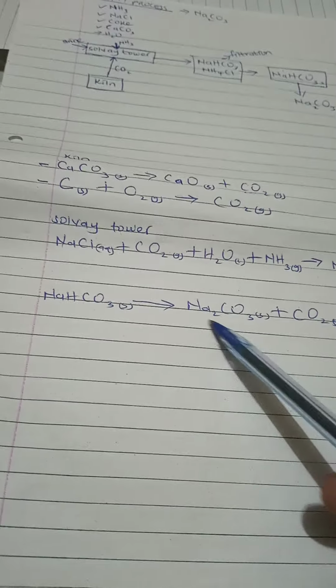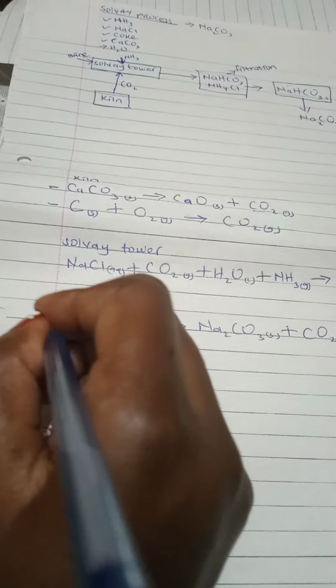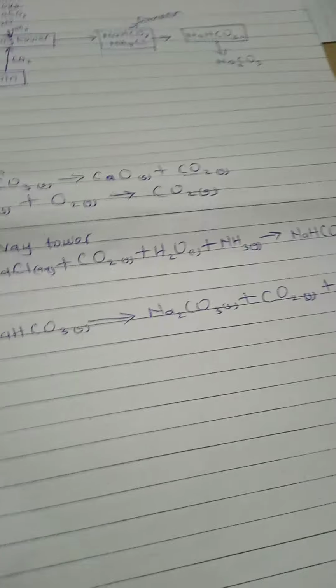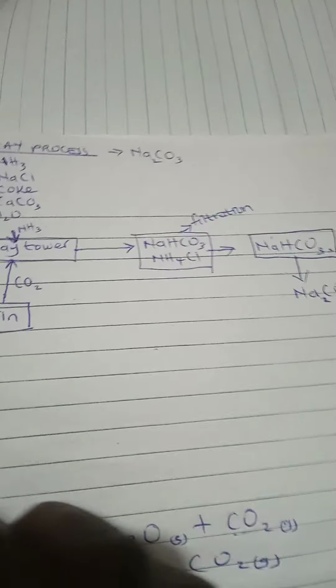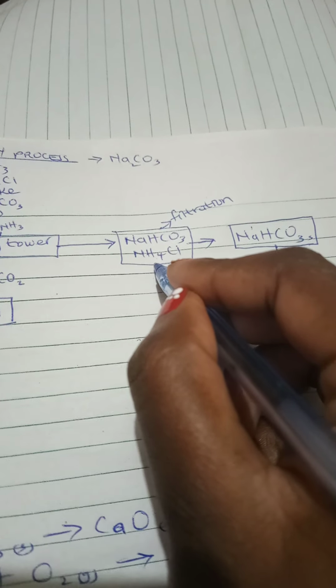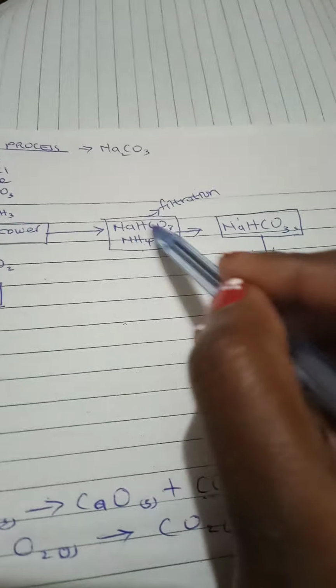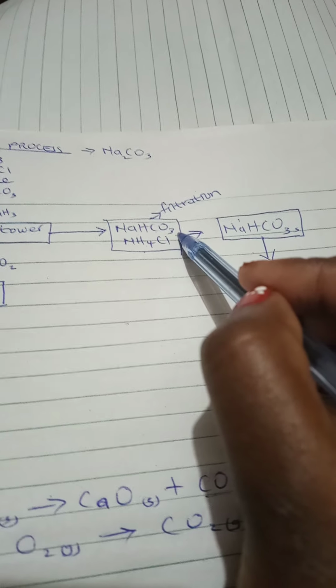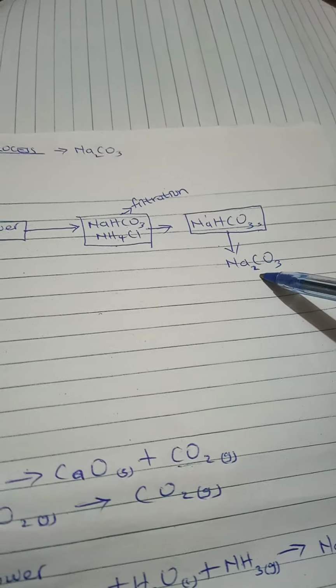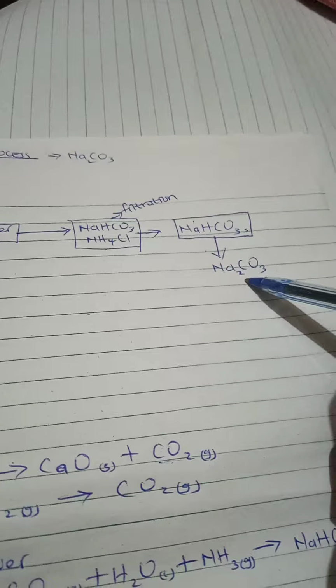And then we make sure the equation is balanced. We have 2 sodium. We have to make the other sodium also on the other side to be 2. So you can see everything is balanced there in that equation. Then from there we go back to this chamber where the filtration took place. So we got the sodium hydrogen carbonate. After the filtration, we have done the decomposition to get the sodium carbonate.